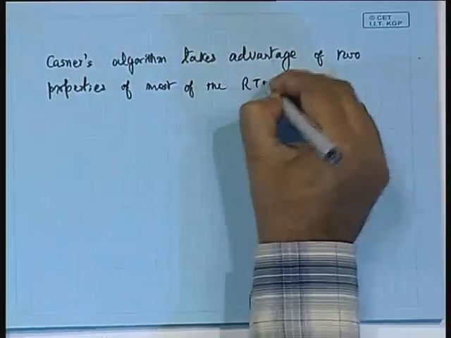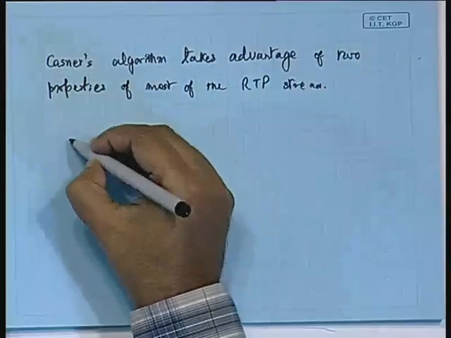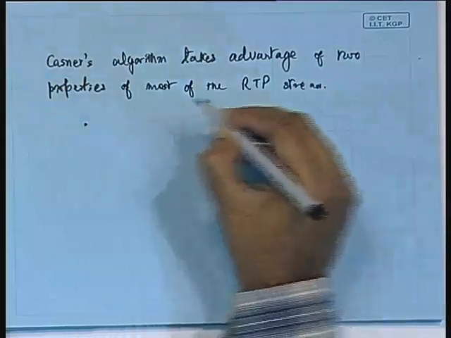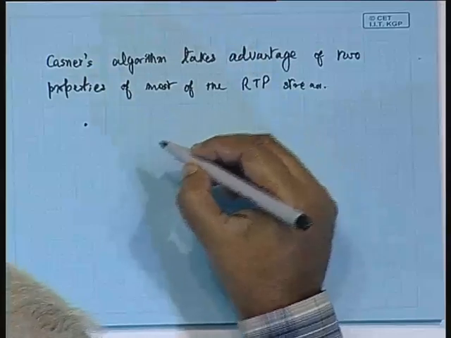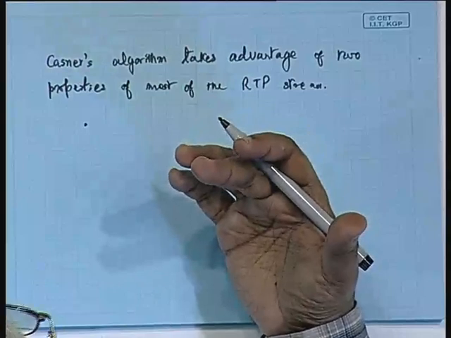And what are these? Most of the fields in the IP, UDP and RTP headers do not change over the lifetime of a session. For a particular session they remain the same.